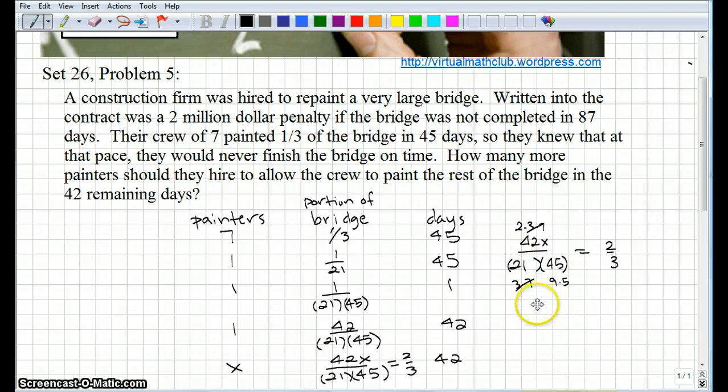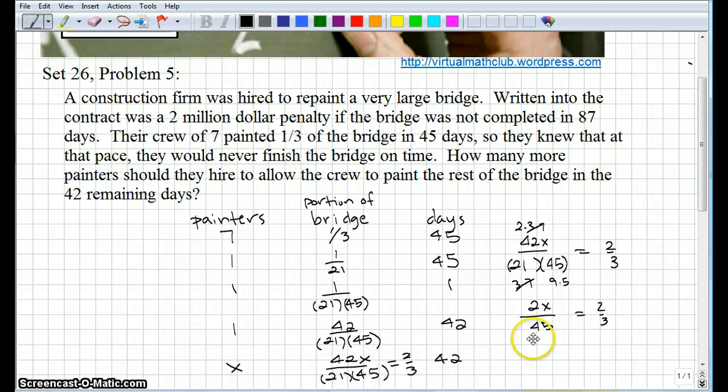So we're down to 2x over 45 is equal to 2/3. Now we can just cross multiply, or essentially multiply both sides by 45 and multiply both sides by 3. So I'm just going to cross multiply it.